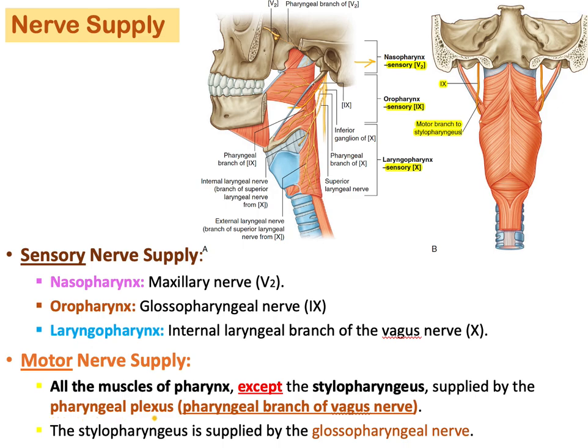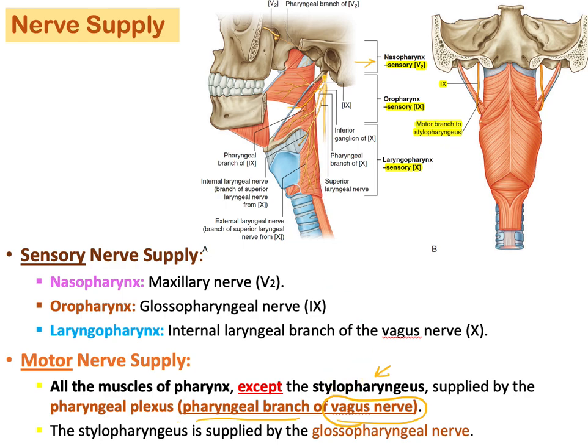Because the pharyngeal plexus is a network of nerve fibers, right? It's formed by the glossopharyngeal nerve, vagus nerve, accessory nerve, and sympathetic, and so forth. So the main contribution is exactly from the pharyngeal branch of the vagus nerve. That means the vagus nerve innervates all muscles of the pharynx except the muscle known as stylopharyngeus.